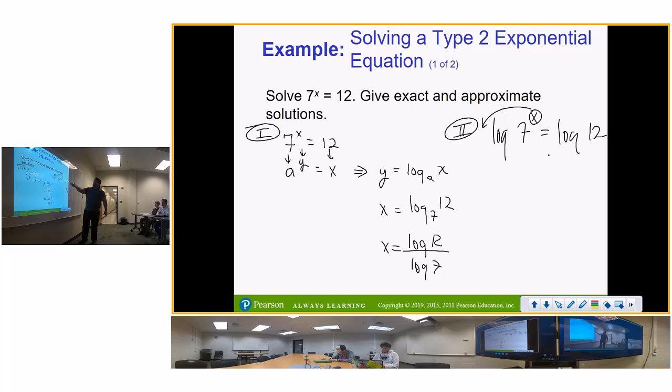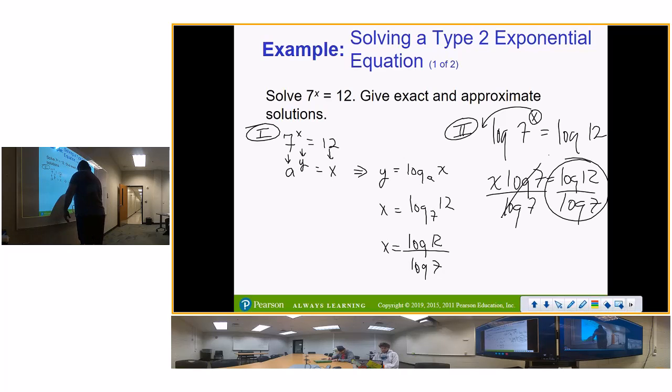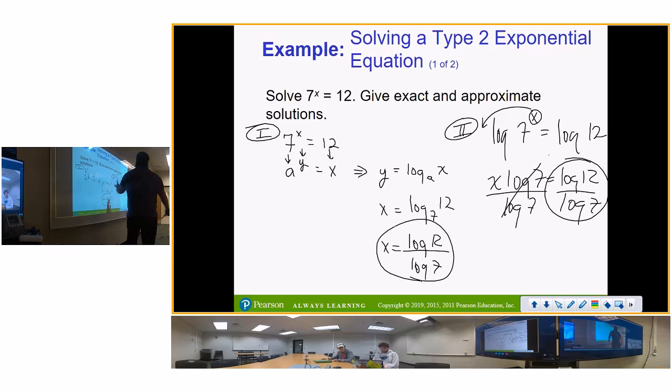This is another one. Take that power, pull it out. You get x log 7 is equal to log 12, and then divide by log of 7. And again, you get the same thing that you got with the definition of a logarithm.